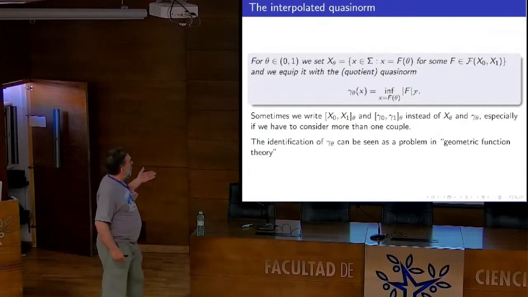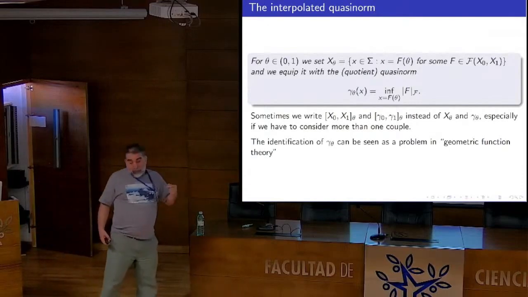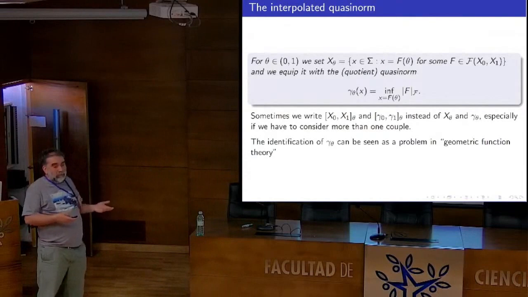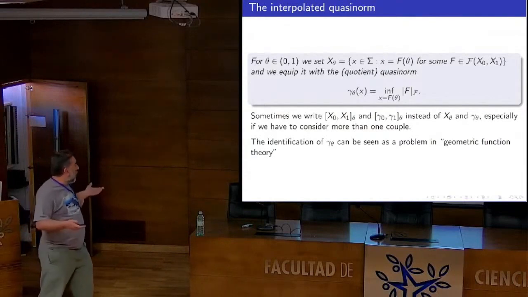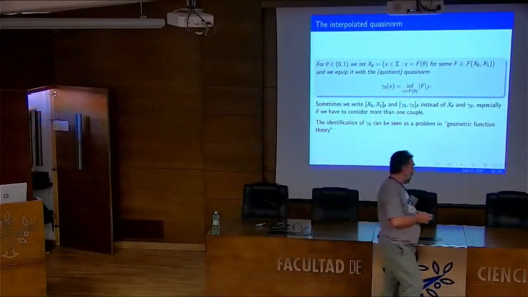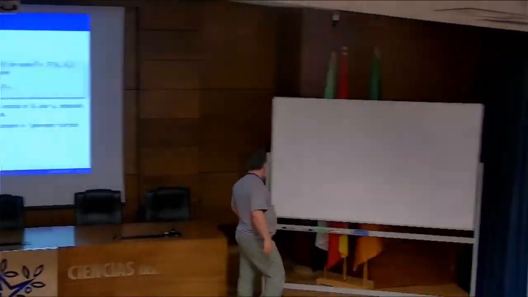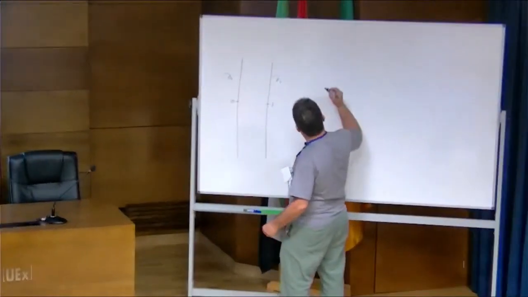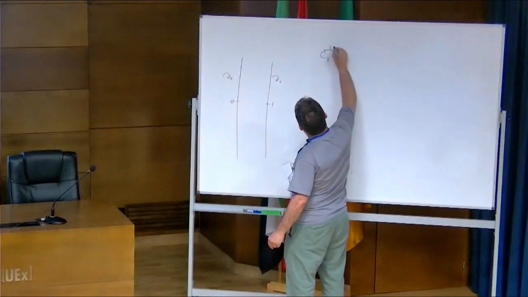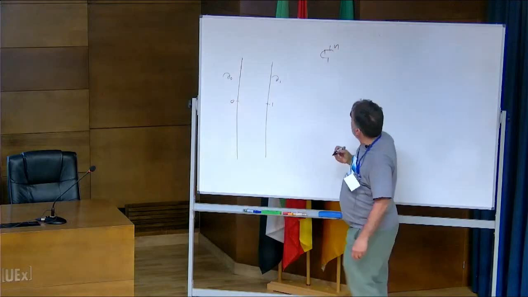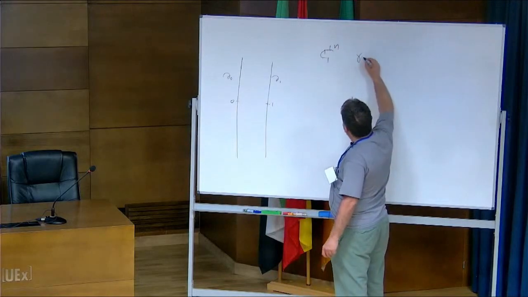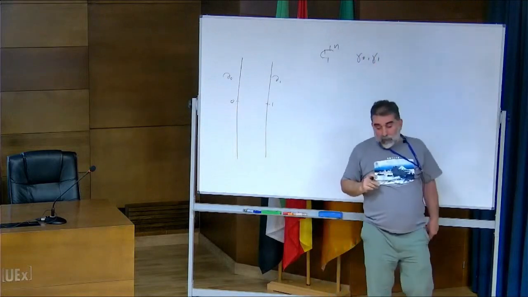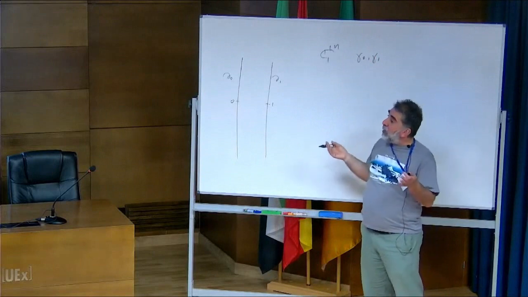And of course the identification of the quotient of the interpolated quasi-norm can be seen as a problem in geometric function theory. Because what we do is the following. Imagine we work on C^n, and we have two quasi-norms, and we want to know what is the interpolated quasi-norm.